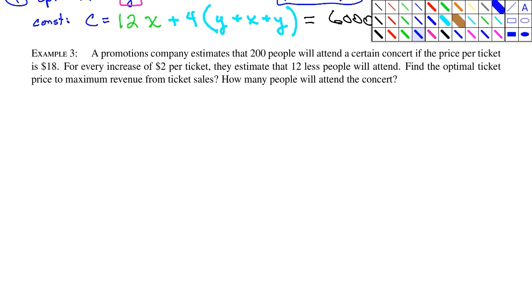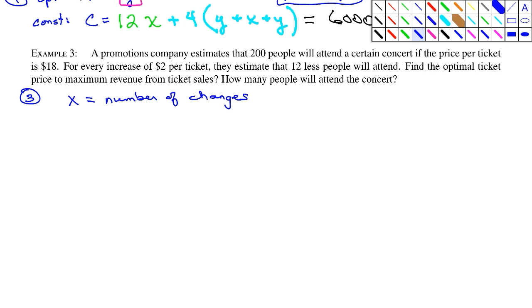All right, so one of the things I like to do with this problem is sort of examine what's happening with the numbers here. And the way we do that is we're going to create a table. So there's no picture to draw. Let's just talk about what X represents. X is going to represent the number of changes that we make to our price and our ticket sales.